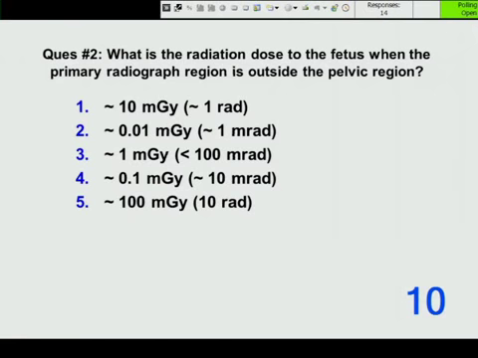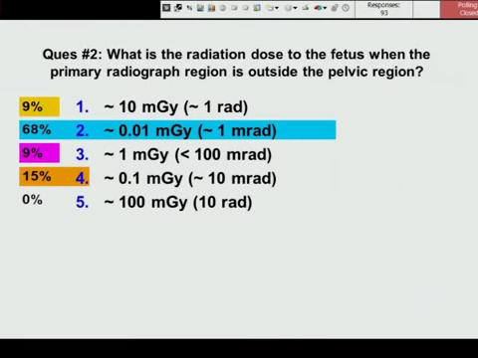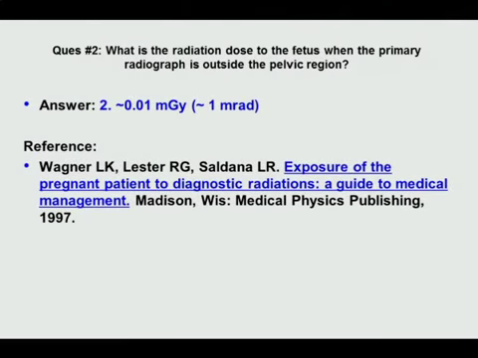Let me start the clock. Not bad. At the end of 2 hours, we are still getting the right answer. The correct answer is number 2, 0.01 milligray, purely because of the internal scatter. Again, this information can be found in this reference.